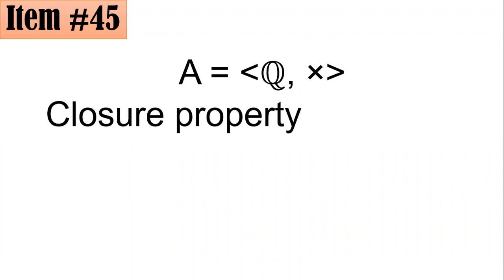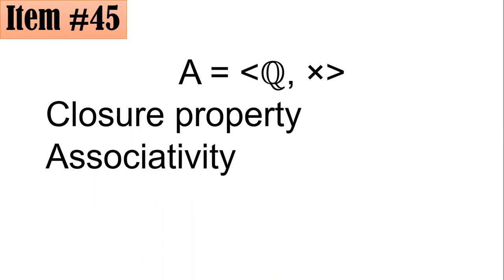Because if you multiply any two rational numbers, the result will still be a rational number. It's also associative because multiplication of rational numbers is associative by nature as well. The identity element of multiplication is 1, and 1 is a rational number as well.